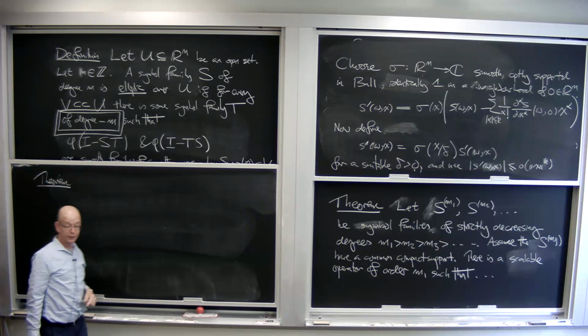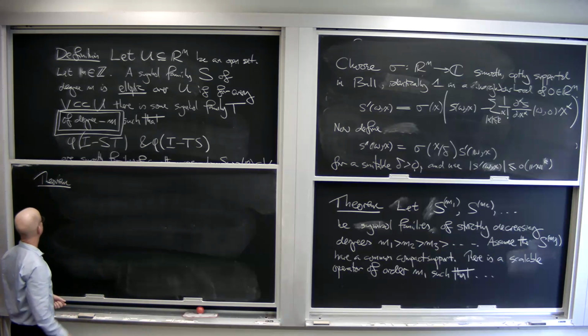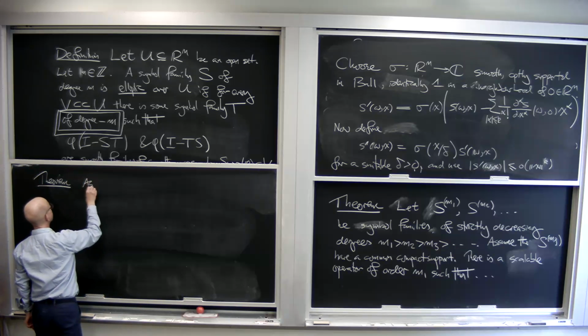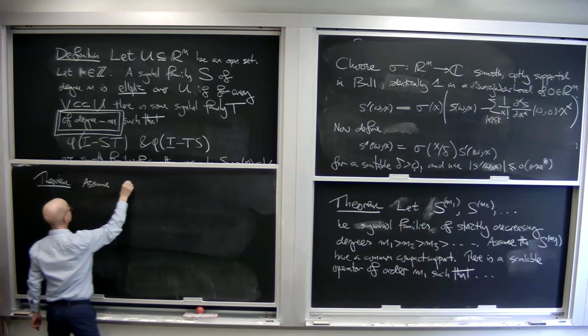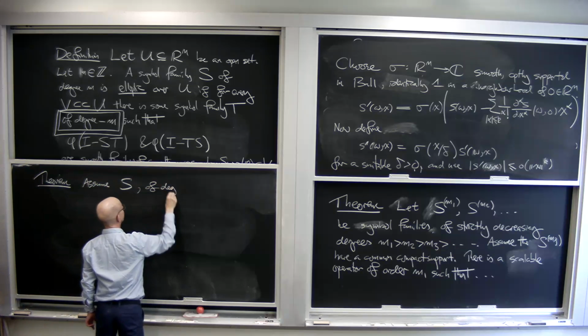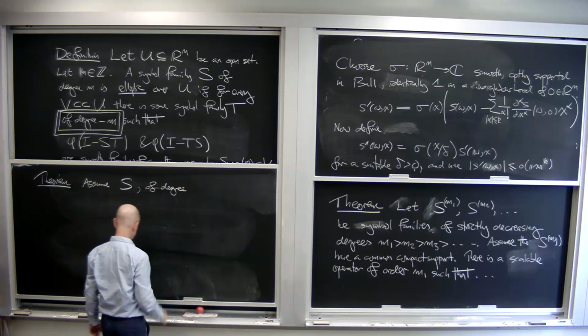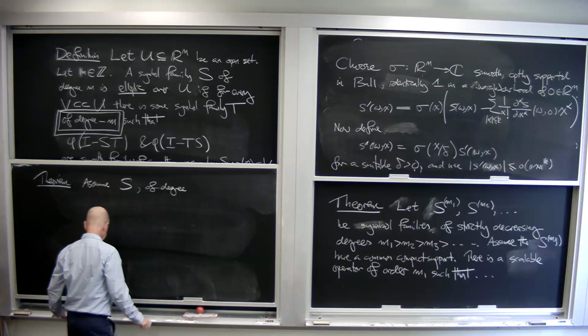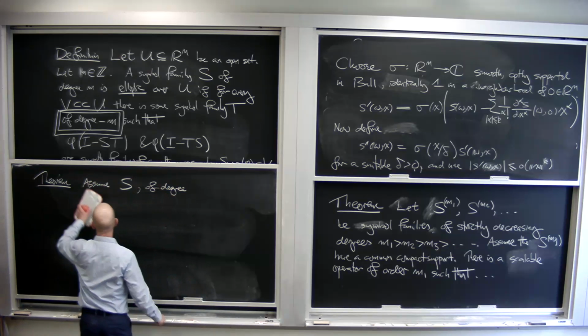Maybe I'll write down a theorem using the same sort of language that's up there. So assume some symbol family. You know what I should do is start with a single operator.